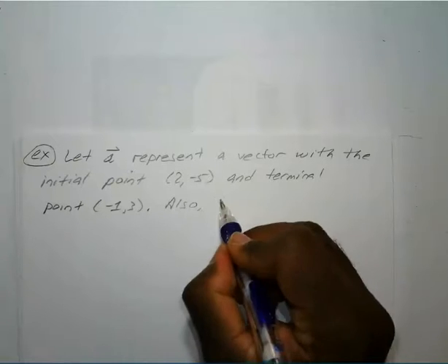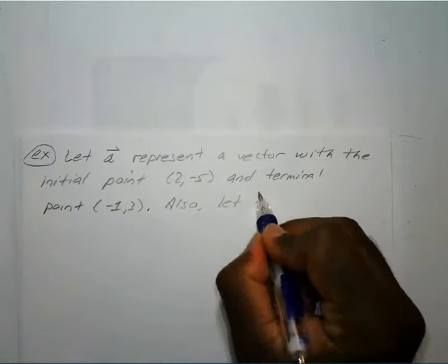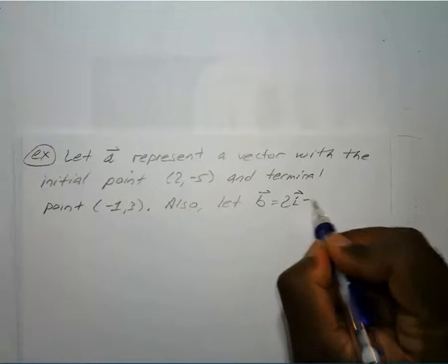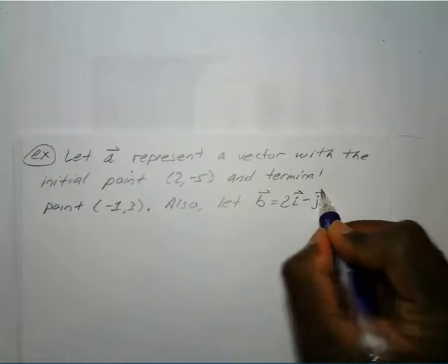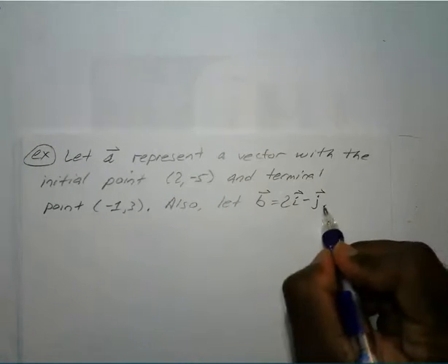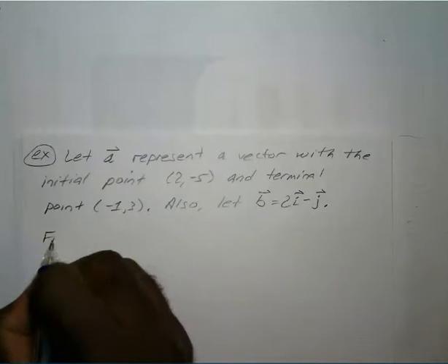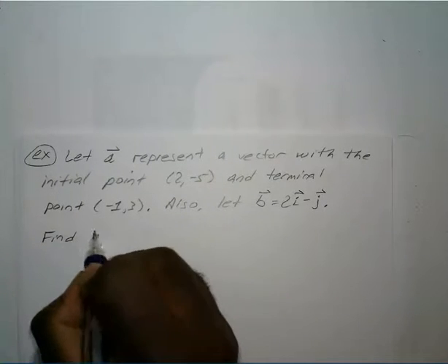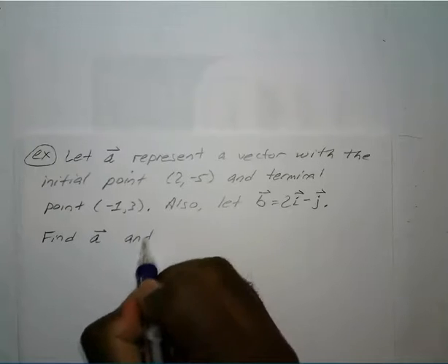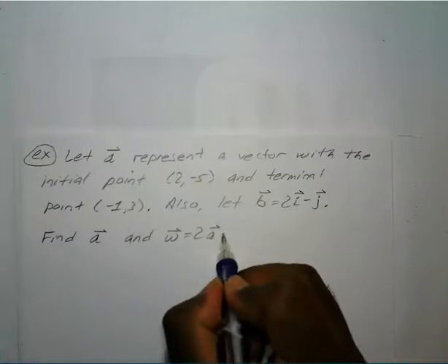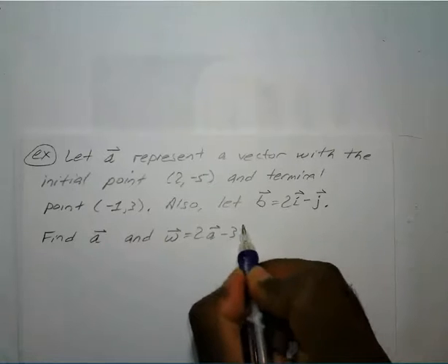Also, let b vector equal 2i vector minus j vector. Okay, so what we want to do is find the a vector, and w equals 2 times the a vector minus 3 times b vector.